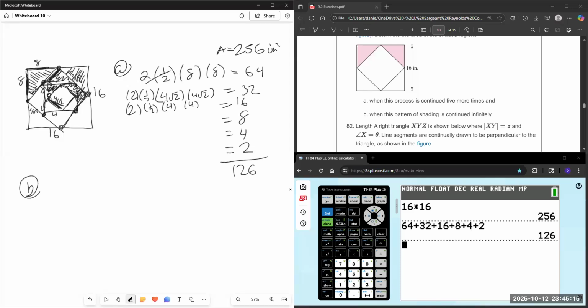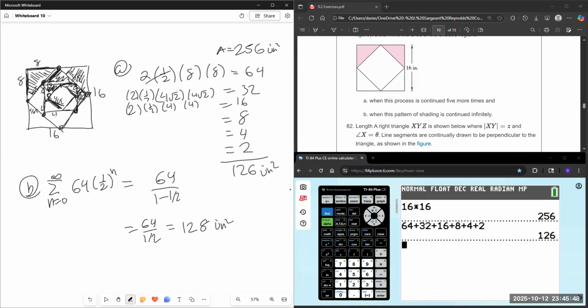And that would be the summation n equals 0 to infinity of 64, my base number, times 1/2 to the n. So that's going to be equal to 64 over 1 minus 1/2, which is equal to 64 over 1/2, which is 128. And you might have figured this out. These are square inches, by the way.